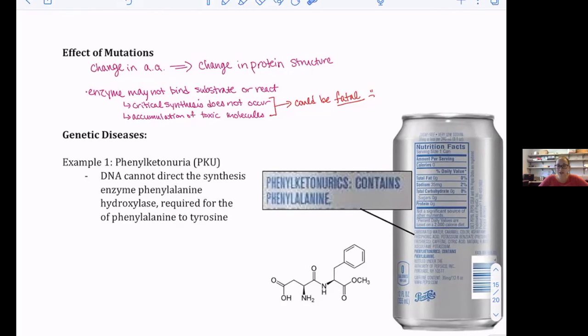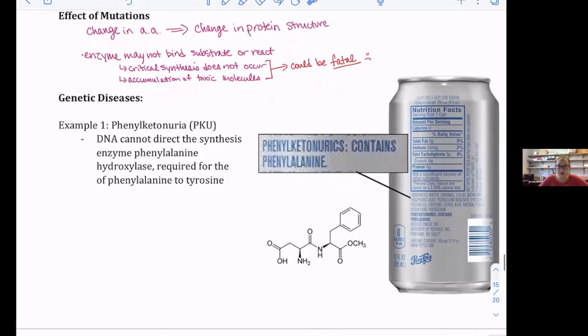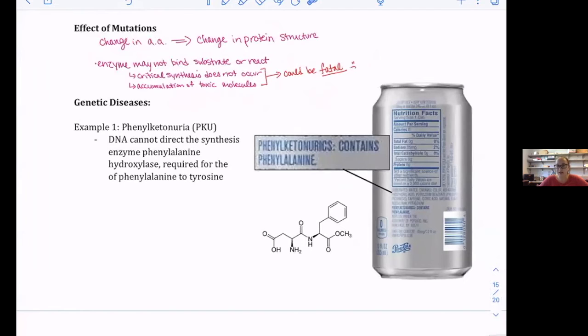And then there are some genetic diseases that are formed typically from germ cells having mutations. One is called phenylketonuria, or PKU. This is where your DNA cannot directly synthesize the enzyme phenylalanine hydroxylase, which is required for the conversion of phenylalanine to tyrosine.